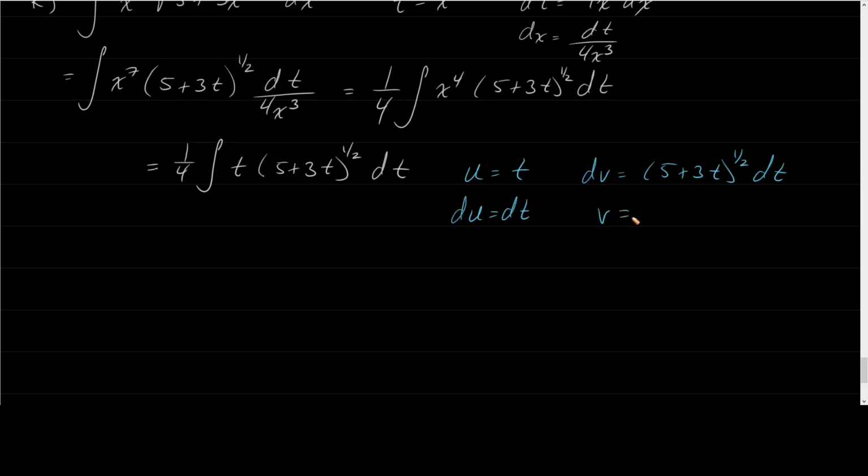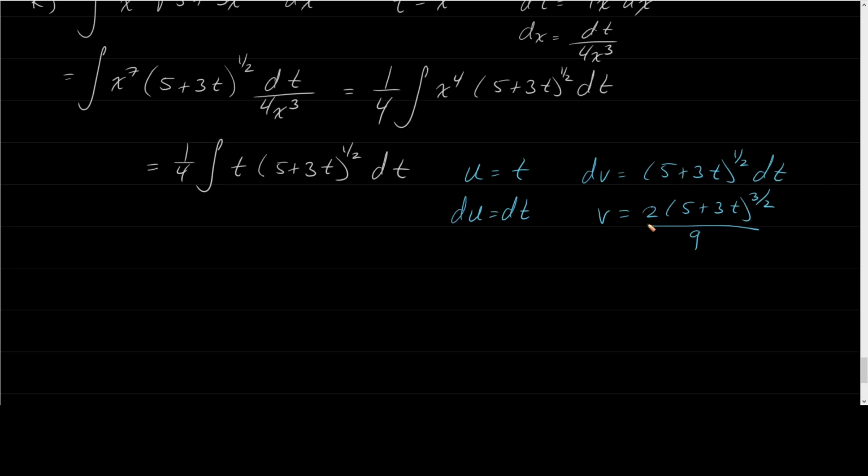And then v, well, I'm going to skip the actual step of showing you fully how this gets integrated. But essentially, it's a u substitution to make this integral. And it'll be (5 plus 3t) to the 3/2, all of this times 2 over 9. That's correct. That should be a 9.